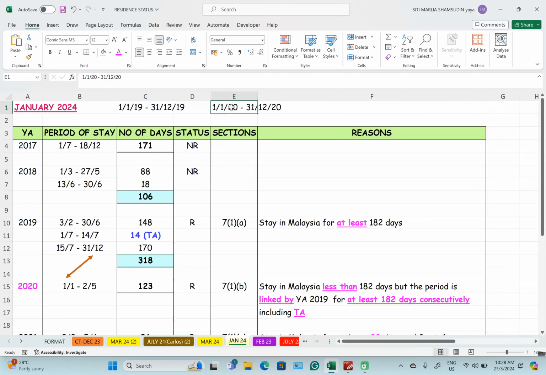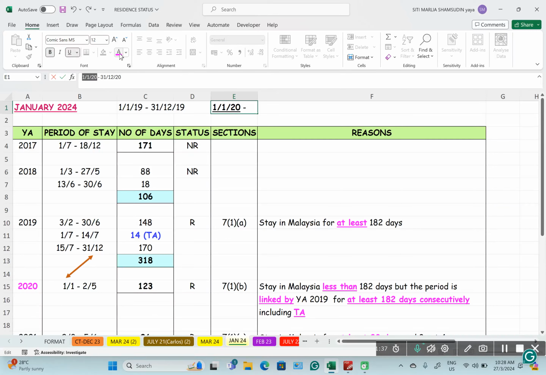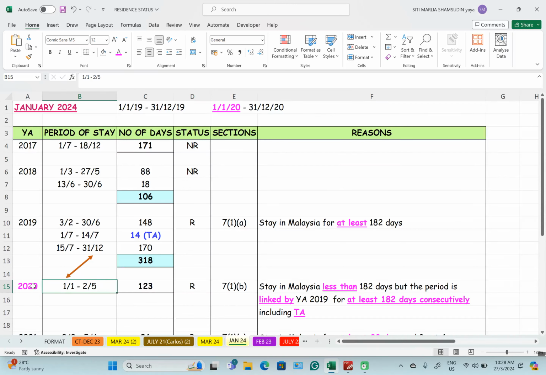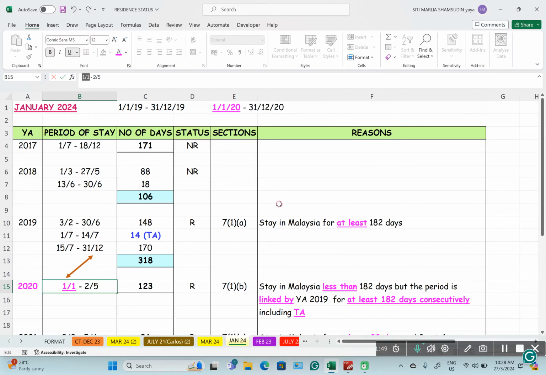From 2020, you need help from 2019, meaning to say you reverse back. You go backward. So when you go backward, condition number 1, of course in YA 2020: make sure that you have at least one day in January 2020. If you look here, YA 2020, we have more than one day in January, isn't it? 1st January, this is our one day.